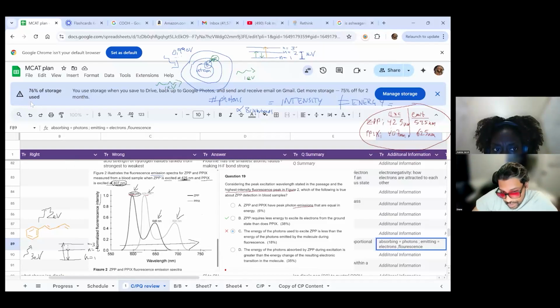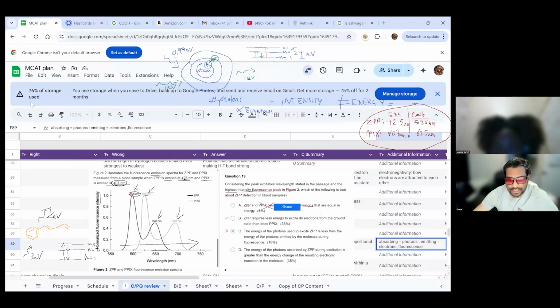What would be the energy of the photon emission for ZPP, in terms of wavelength over here? It says 595, but it wouldn't be equal to PPIX because that's 625. Yep. All right. Good.